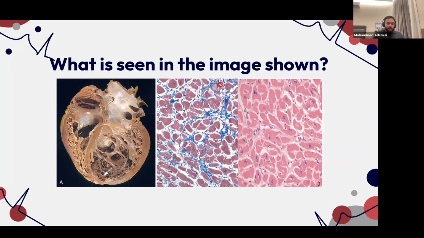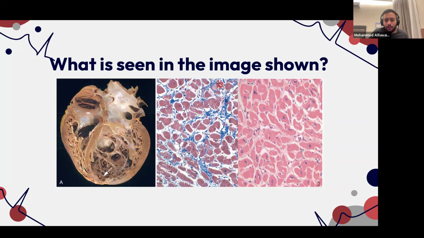Dystrophin is one. What's another one? The most important one for dilated. Titin, okay? These two, dystrophin, and more importantly, titin, are important for dilated cardiomyopathy.